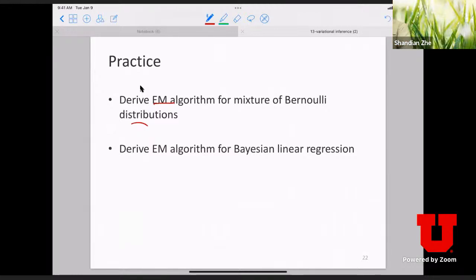But what if your observation is just a binary variable? Xn is either 0 or 1. We can assume that given the cluster membership, each data point is sampled from a Bernoulli distribution, but parameterized by different parameters. You can still derive an EM algorithm to cluster 0, 1 points.